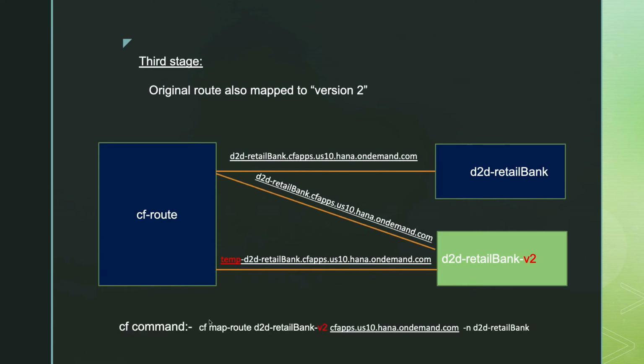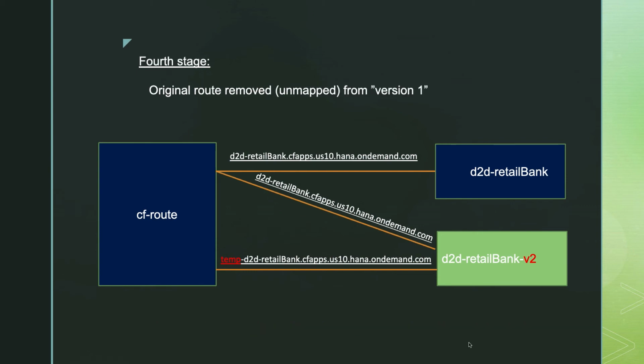The cf command for this is cf map-route, application name, followed by the domain name. Now we have the fourth stage, where we shall remove the original route, or unmap it, from version 1. At this stage, we have more confidence in version 2, and that's why we unmap version 1.